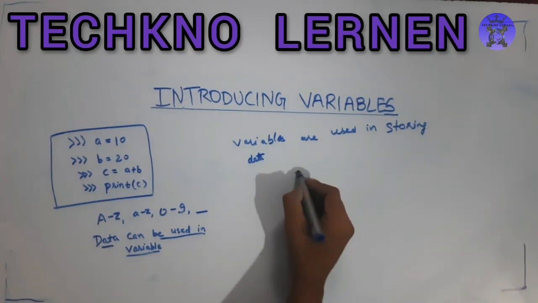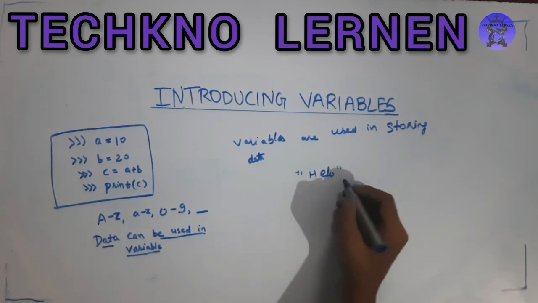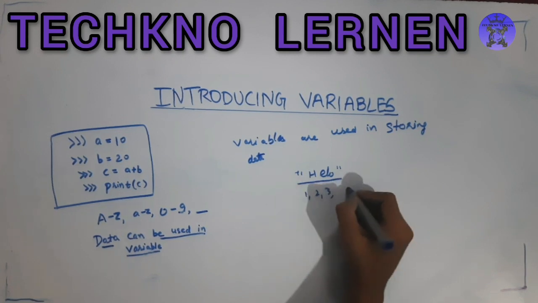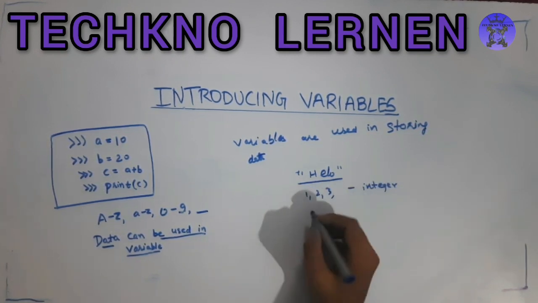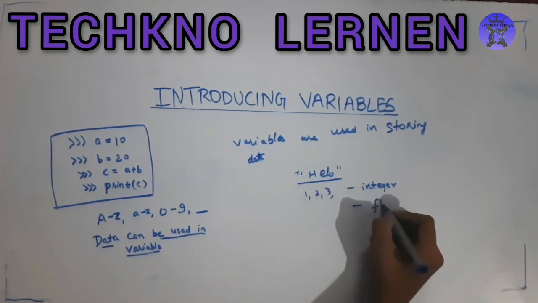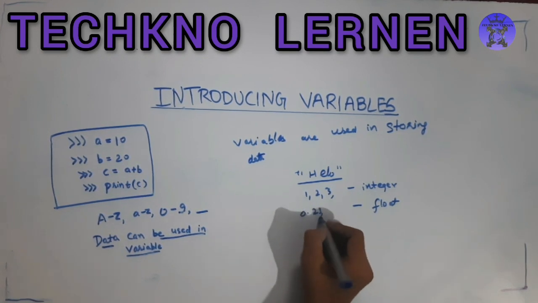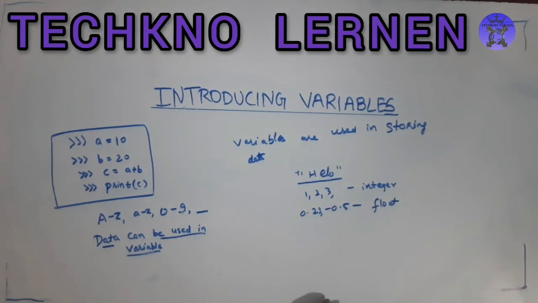Here "hello" is the string data type, or 1 2 3 are integers, you can even store this number. And a real number in Python is defined as a float, just like 0.23, minus 0.5 and so on.